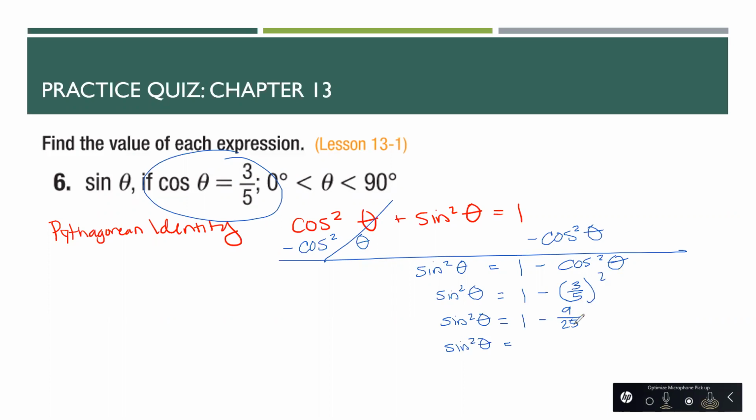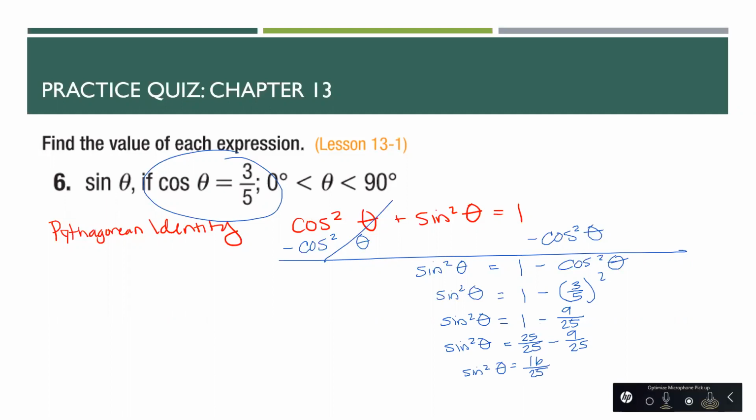1 minus 9/25. Well, we want our denominators the same, right? So 1 we can rewrite as 25 over 25. And we keep our denominators the same, we subtract our numerators. 25 minus 9 is 16. So this is sine squared of theta.